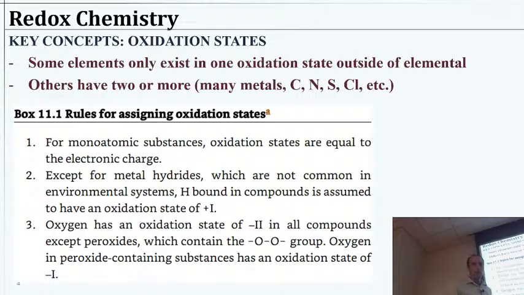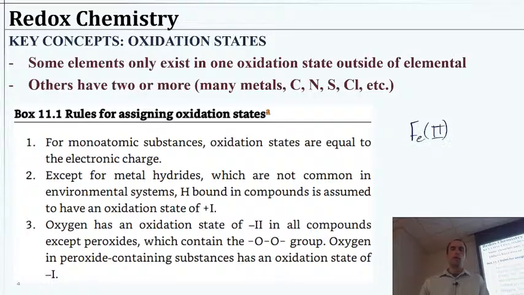Except for metal hydrides, they're not too common. H-bound is just going to be a +1. Okay, so we don't really treat hydrogen as anything but a +1 state. And by the way, you'll see these often written as, instead of the plus, you might just see the Roman numerals.